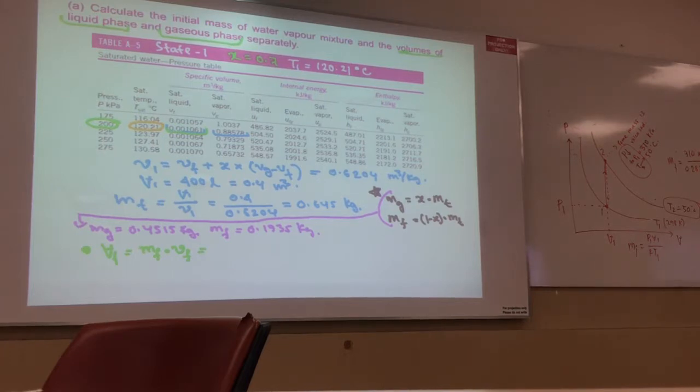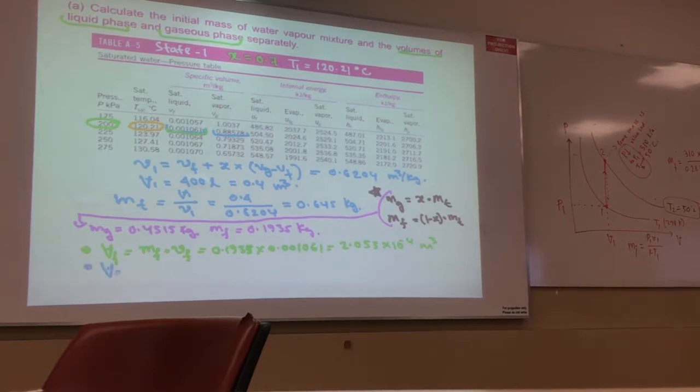What is mf? 0.1935 times 0.001061. Then you can get 2.053 times 10 power minus 4 meter cube. You have to multiply, okay?